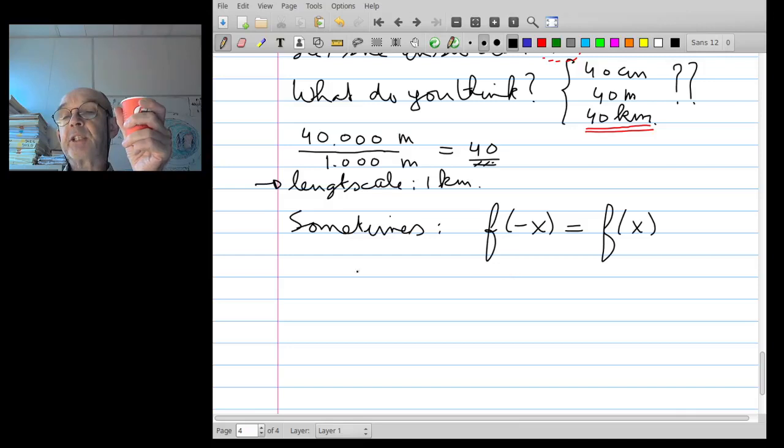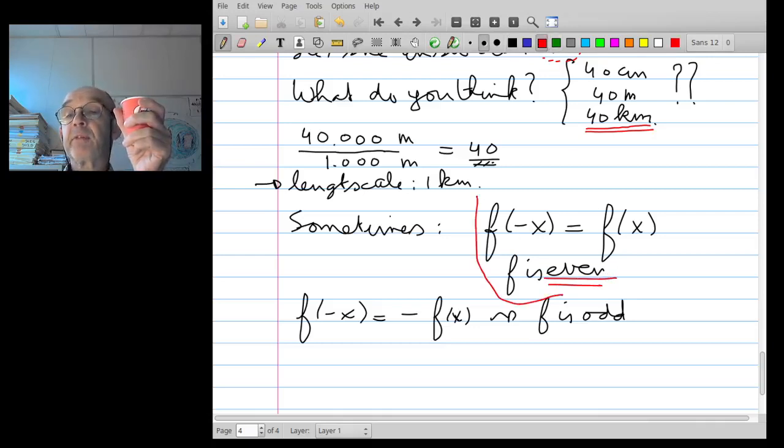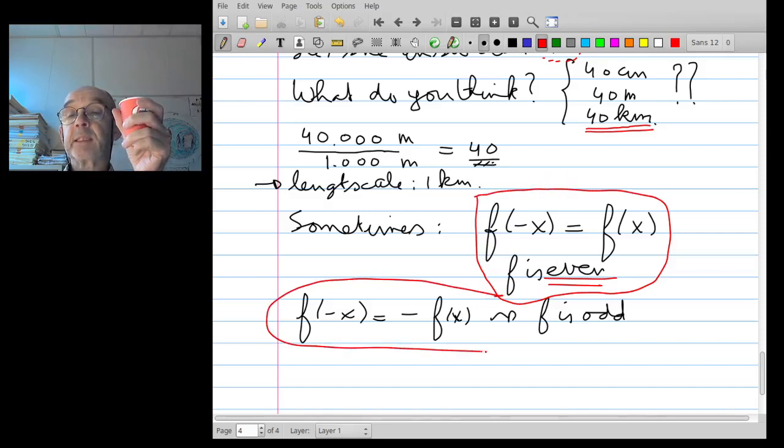And if this is the case, f is even. And if you have that f of minus x is equal to minus f of x, f is odd. So if you have this here, and if you have this one here, your f is odd.